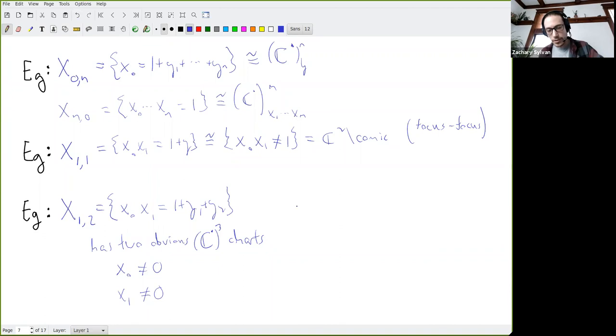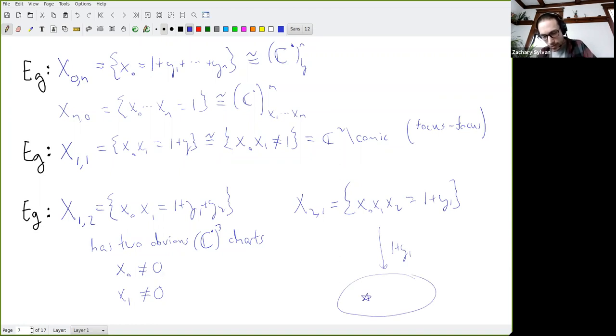What does the mirror look like? We have x21, so this is x0, x1, x2 equals 1 plus y1. This has a fibration called just 1 plus y1 to C, or to a disk.